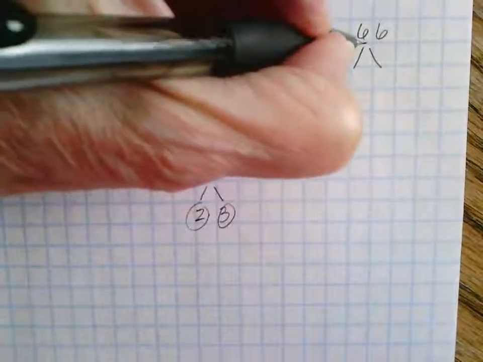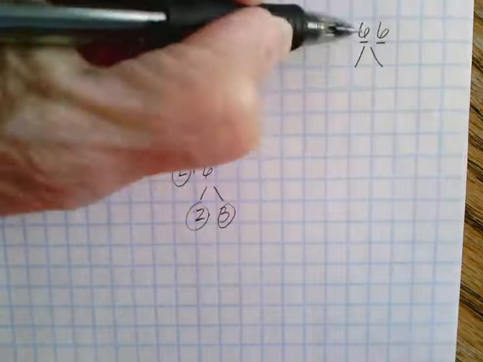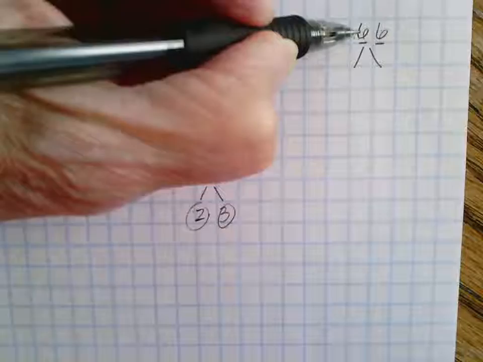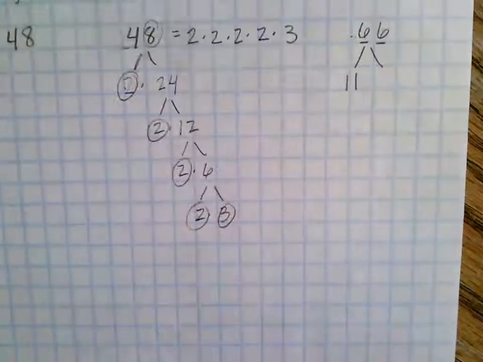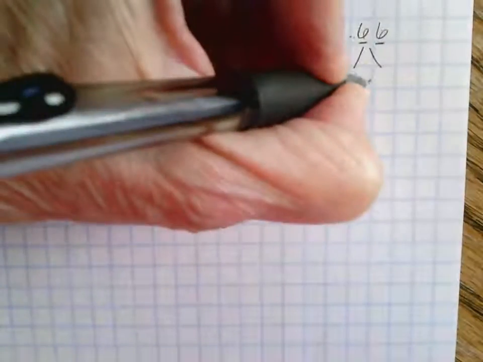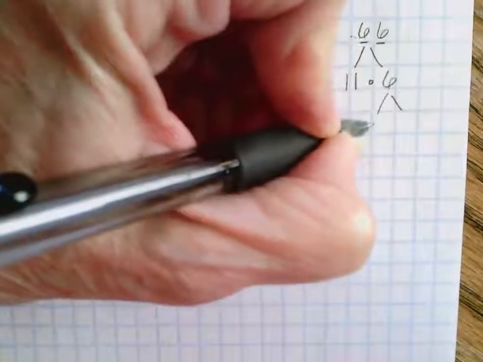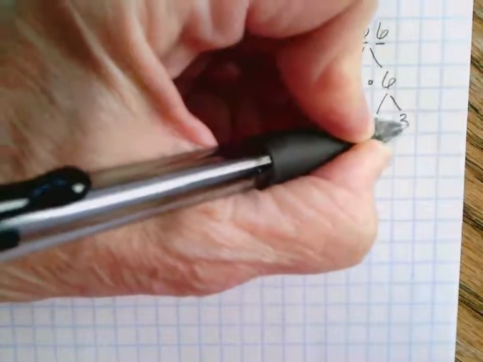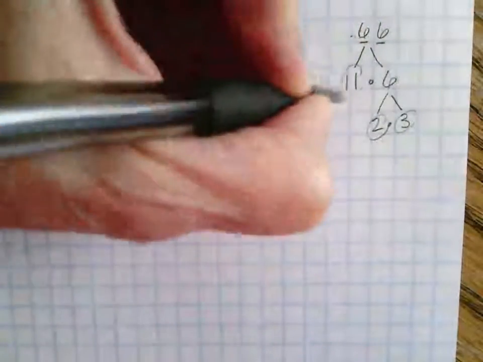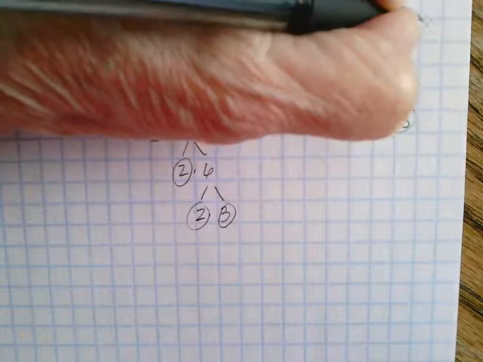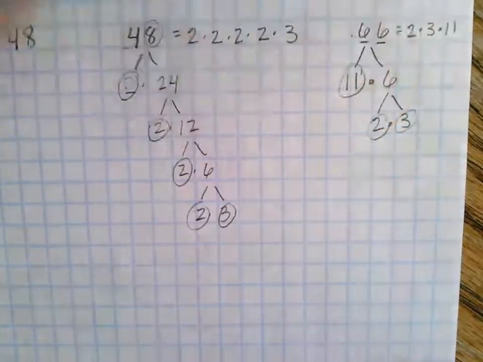Whenever you have a 2-digit number that repeats the same digit in both the ones and the tens place, we know that 11 is a factor. So I'm going to use 11 times 6 is 66, and 2 times 3 is 6. So my factors here are 2 times 3 times 11.